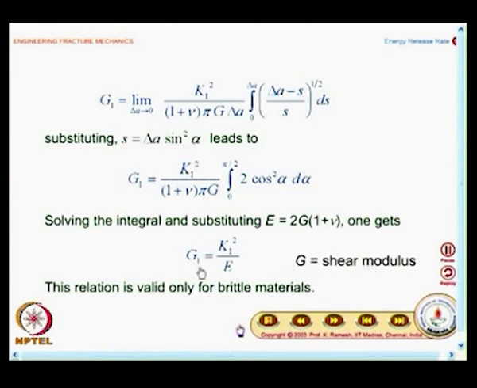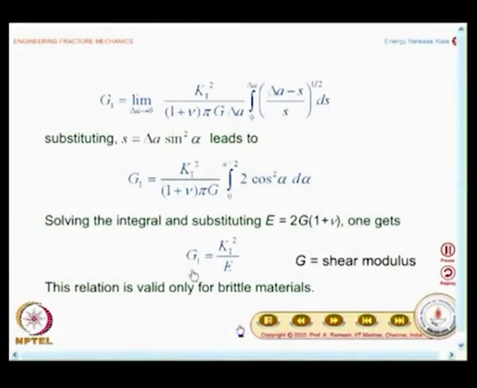You also use G with a suffix for representing energy release rate. In fact, in some of the earlier publications, in order to distinguish between the two, they even used a stylish G to denote the energy release rate. With the context in mind and appropriate suffixes, it is possible for you to distinguish whether we are talking about energy release rate or whether G is referring to shear modulus.